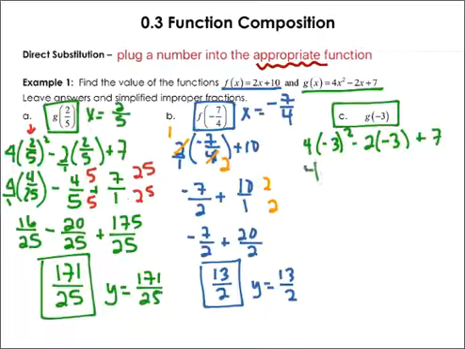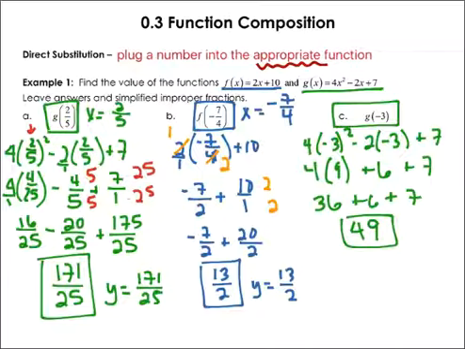This 4, I'm not going to do anything with until I simplify the parentheses with the exponent. -3 times -3, or -3 squared, is +9. -2 times -3 is +6, plus 7. 4 times 9 is 36. 36 plus 6 plus 7 gives me 49. So they're not all ugly fractions. What this problem was telling us is that when x is -3, y is 49.